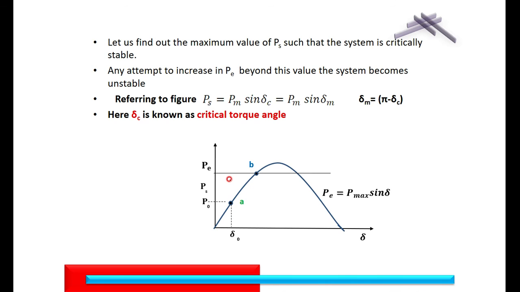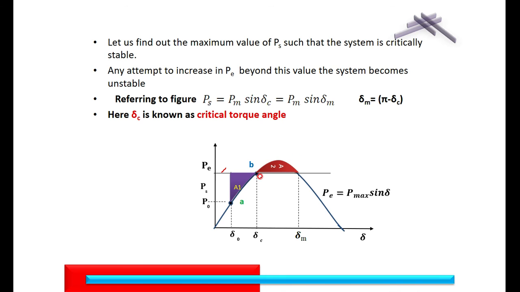Here it is operating point B, and the maximum swing is, the decelerating area A1 here, then this is your accelerating area A2, just A1 and A2 are equal. If you go beyond this value, then A1 is not equal to A2, then the system is unstable.